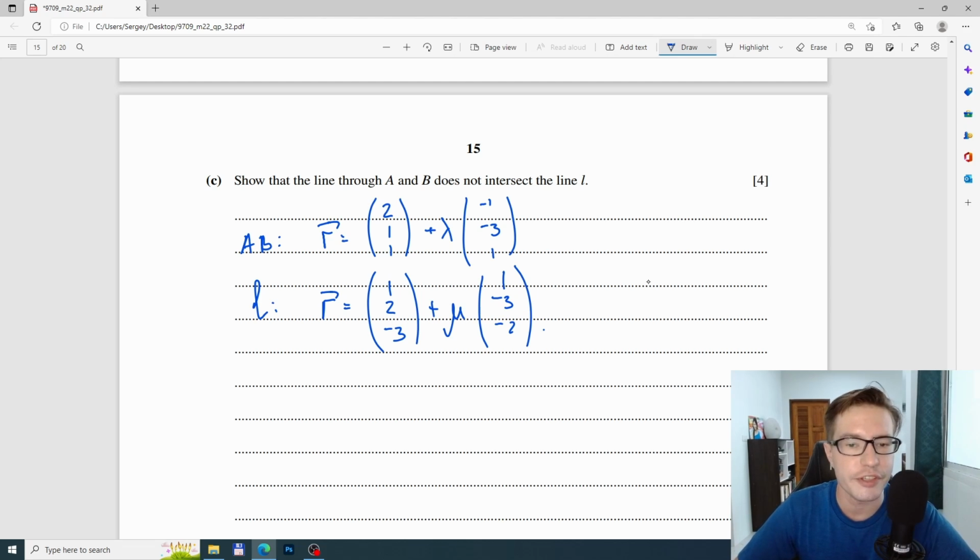Right, so first of all, let's assume that the two lines intersect. And therefore, the point of intersection would be when the x-coordinates are equal, when y-coordinates are equal, and z-coordinates are equal.